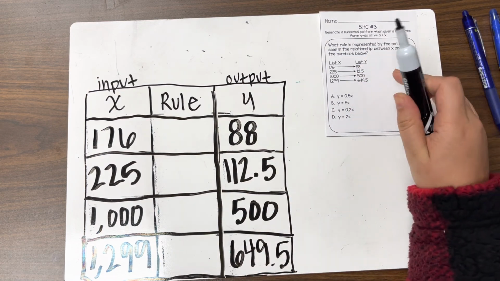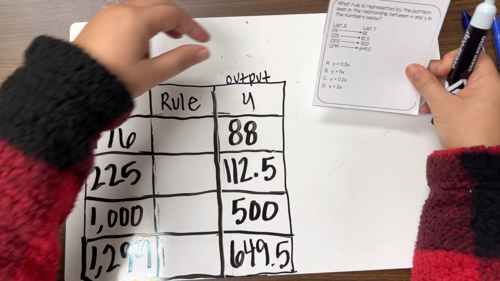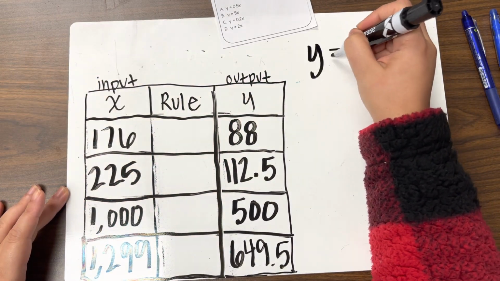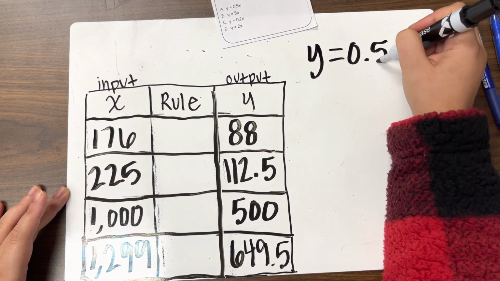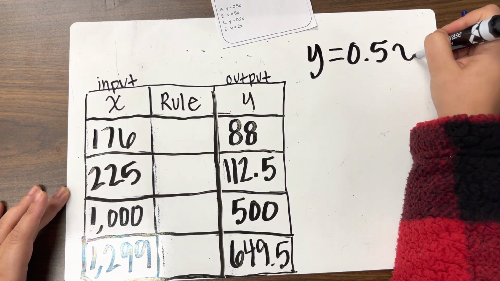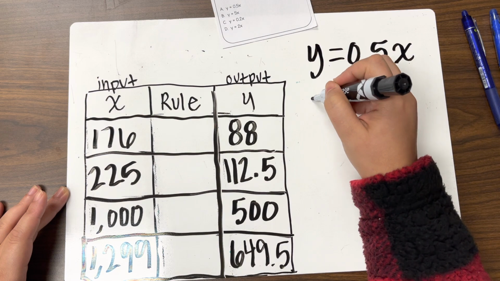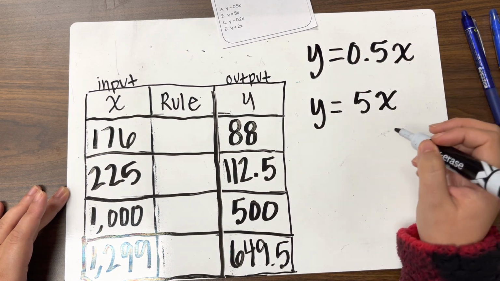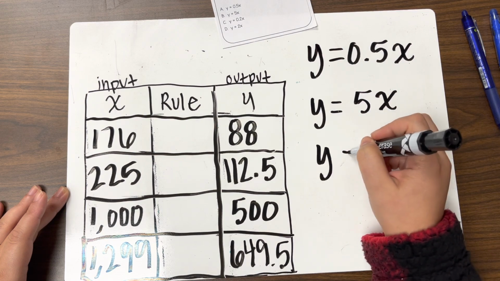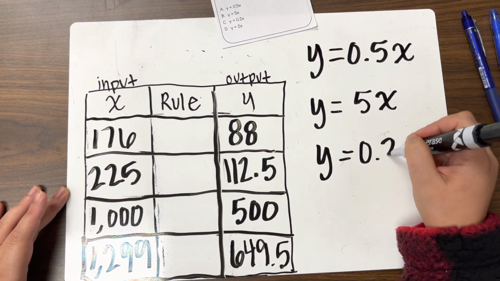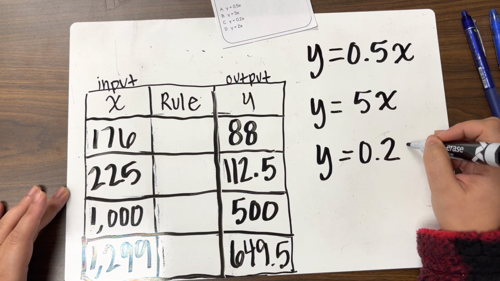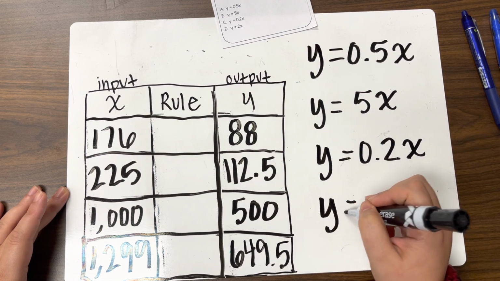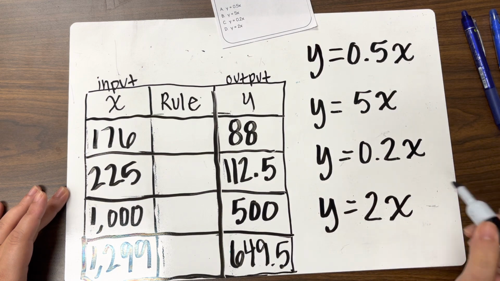and we have to figure out which of these equations would be, and I'm going to write them bigger here. So we have y equals 0 and 5/10 times x, y equals 5x, y equals 0 and 2/10 times x, and y equals 2 times x, okay?